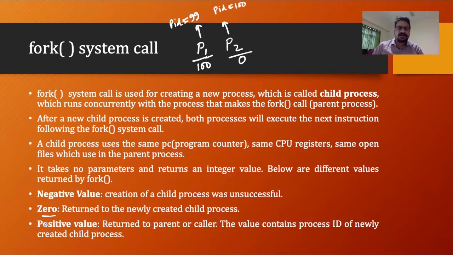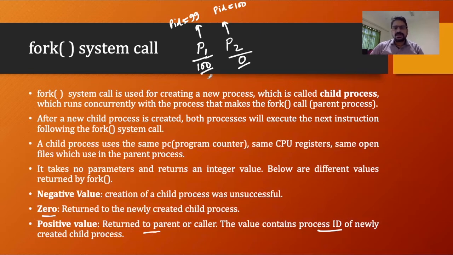It is clearly mentioned here: the parent is returned the positive value by fork, and this value is the process ID of the newly created child. So P1 gets 100 and P2 gets 0. 0 is not the process ID of the parent, but 100 is the process ID of the child.